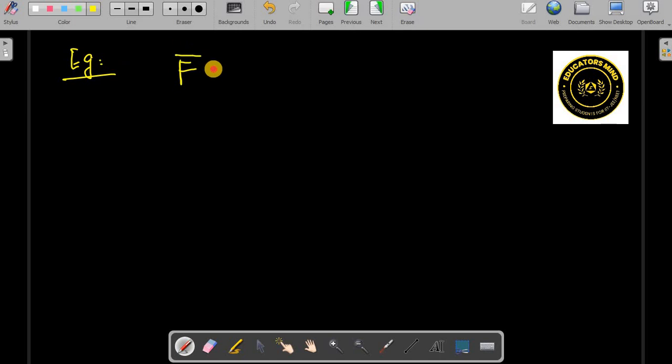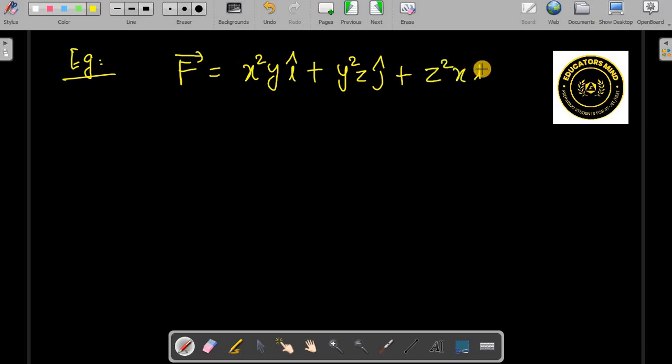Suppose the force vector is given as x square y i cap plus y square z j cap plus z square x k cap. These are the different components Fx, Fy, Fz. This is Fx, this is Fy, and this is Fz. So there are three criteria as I told.